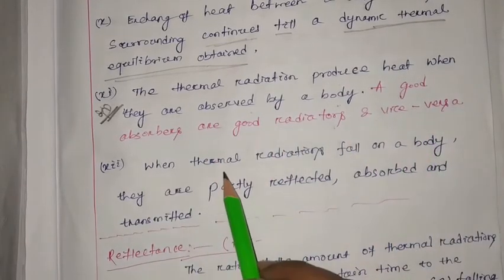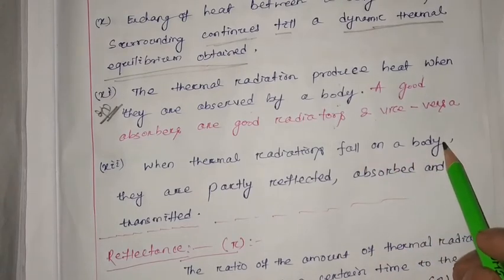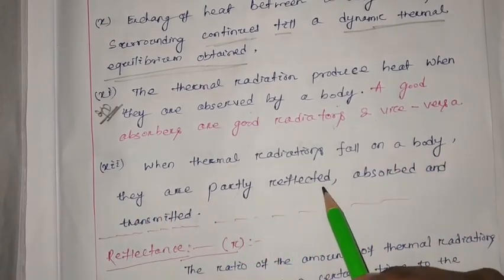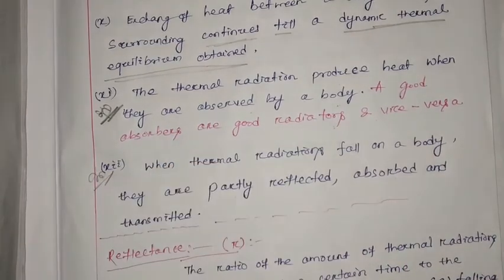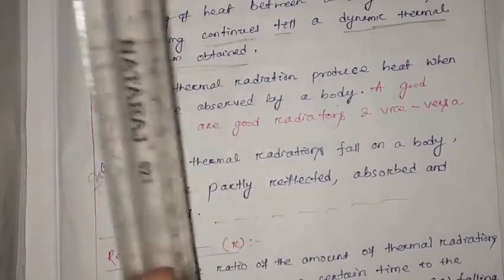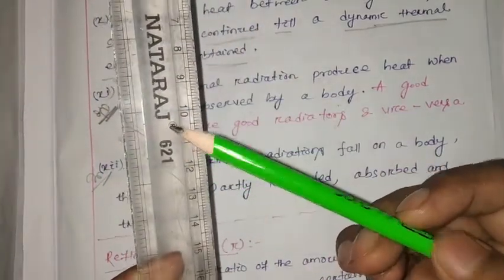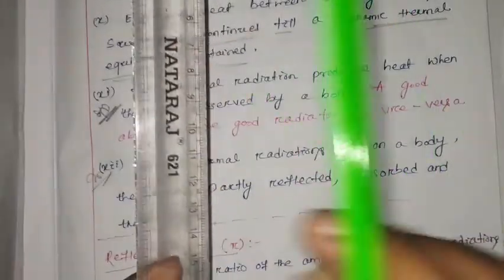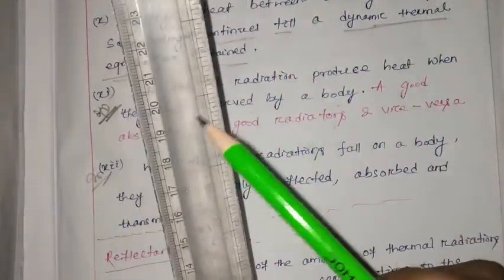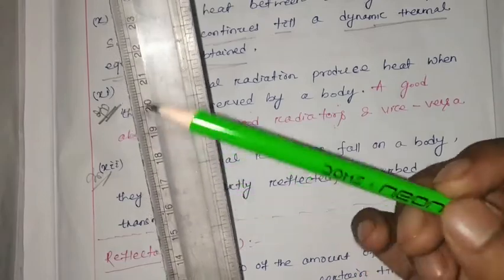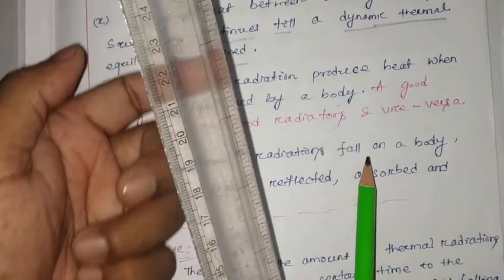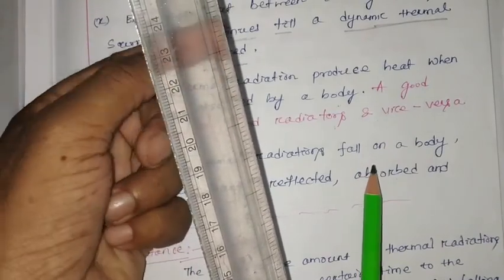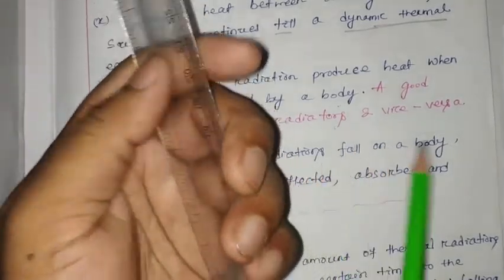When thermal radiations fall on a body, they are partially reflected, absorbed, and transmitted. This is also one of the important points. Suppose thermal radiation is falling upon this material. You can see that some of the radiation is reflected, and some is transmitted through the material.